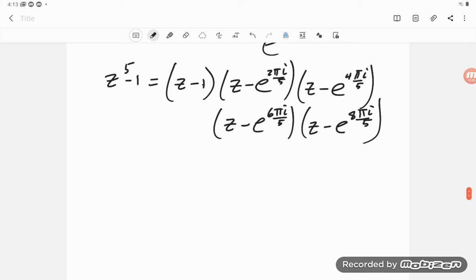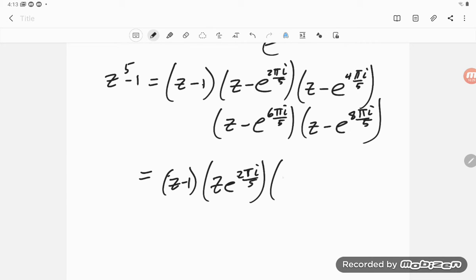Okay, so I could also write this as (z minus 1). Now, (z minus e to the 2πi over 5), that's fine, because 2/5 π is between minus π and π.